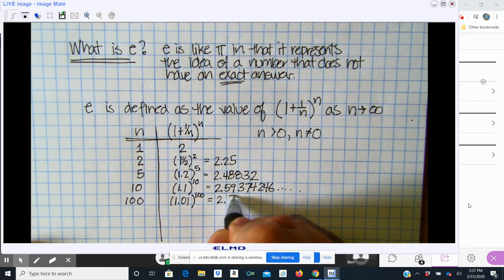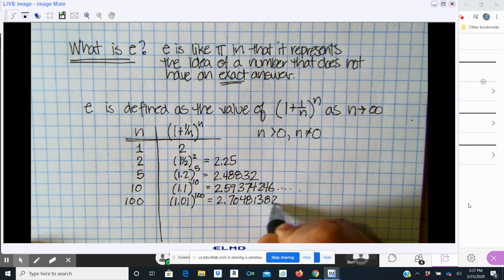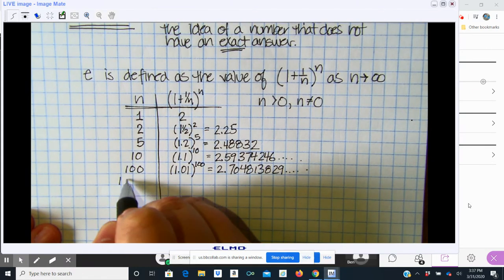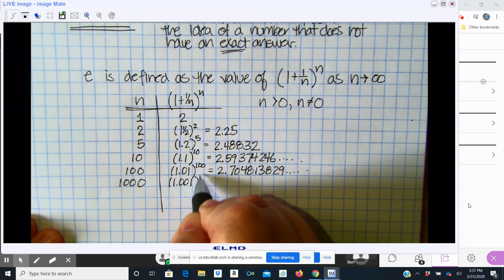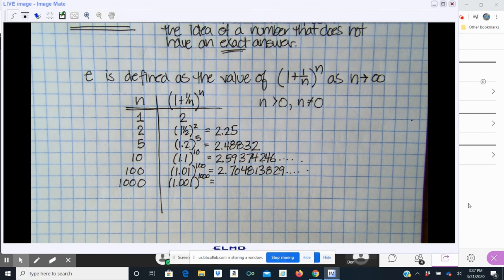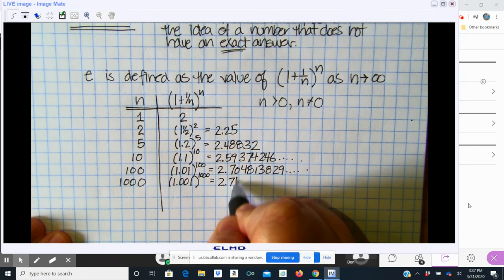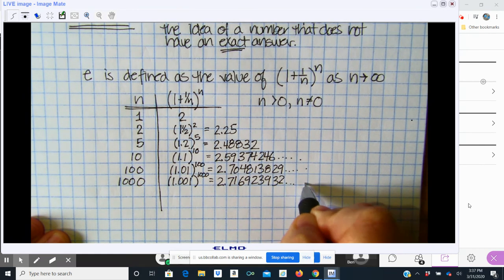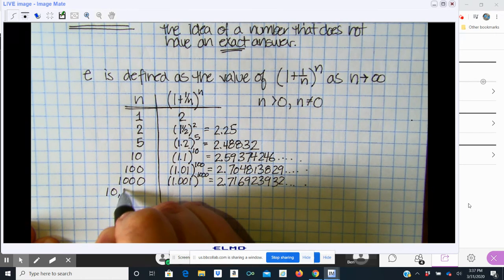And I get a 2.704813829, keep on going. If I did a 1,000th power, I get a 2.716923932, and it keeps going. Are you noticing anything about this particular pattern?